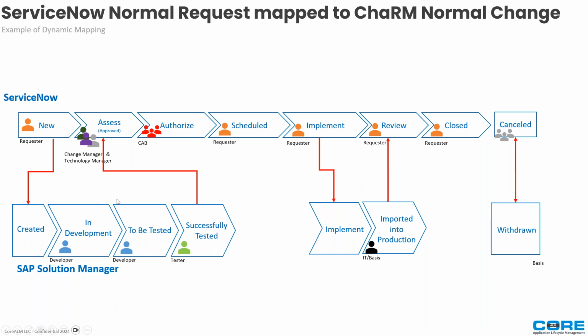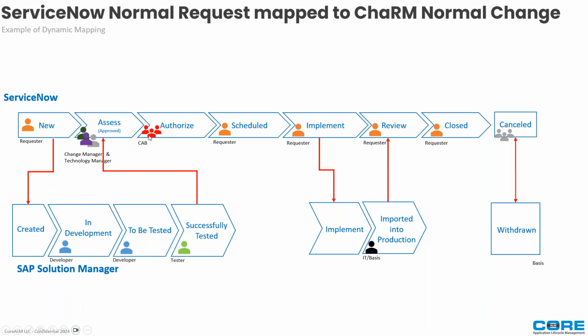And this is just one workflow. It's just a sample workflow. The other very nice feature of our product is that the status mapping is dynamic. So during design sessions, for example, we can choose to say that only after I authorize a change in ServiceNow, only then do I want to begin to implement the change in charm.